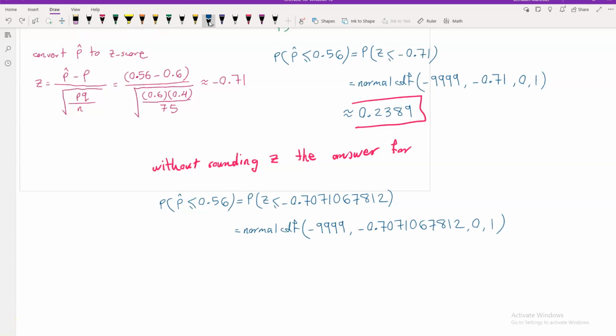So without rounding z, the answer for probability is 0.2400 or 0.24. Comparing the two answers that we have here, we have a slightly different answer.